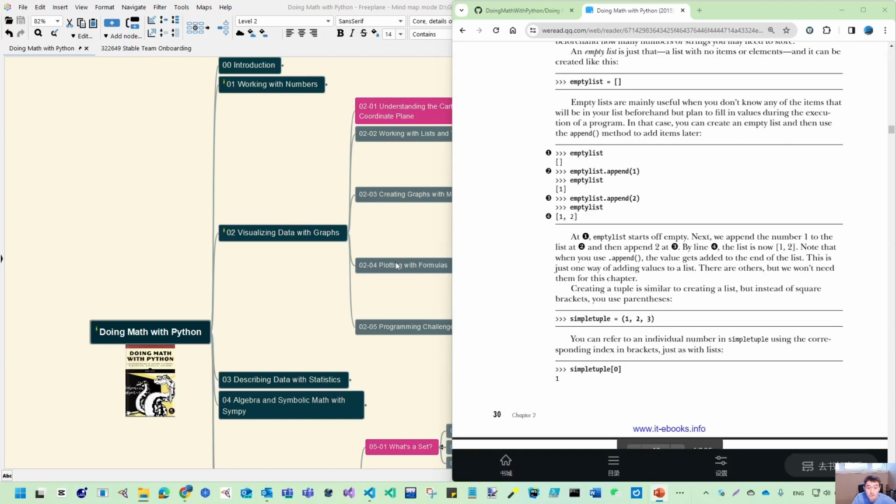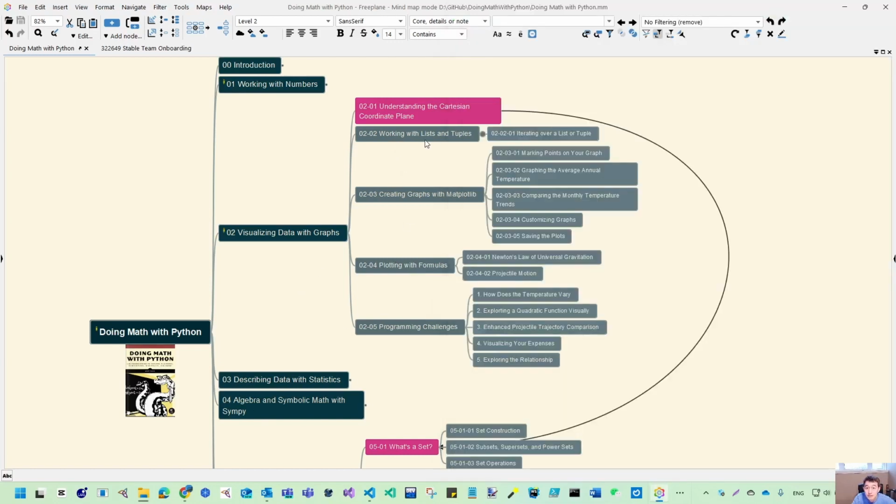And after those, you will see here, we learn lists and tuples. Then we will start to create graphs and plots with graph-based formulas. Then we will do certain exercises. So I hope this is an interesting paragraph. You can prepare yourself to learn along with me.